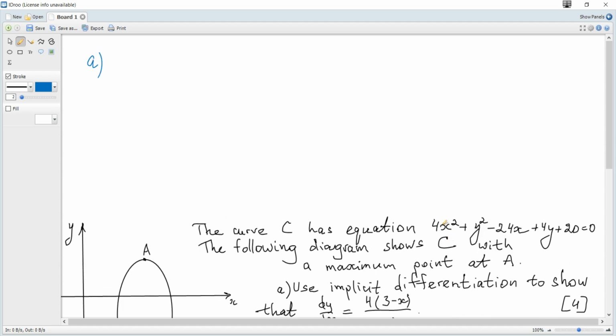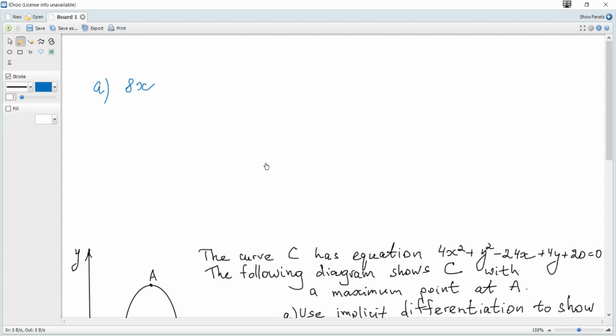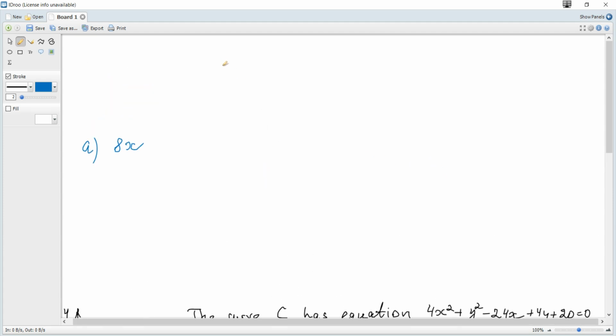For x squared, the derivative with respect to x becomes just 8x. Then for y squared, y is some unknown function of x, so we should apply the chain rule: some function to the power n has derivative n multiplied by this function to the power n minus 1, multiplied by this function's derivative.